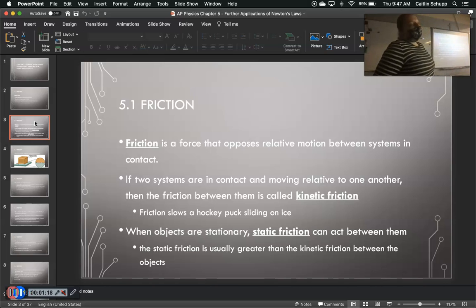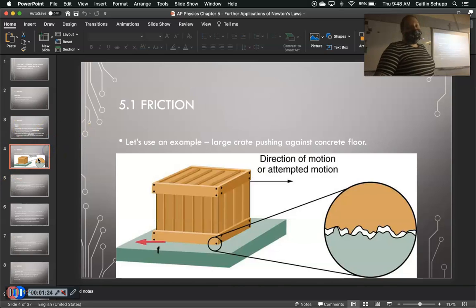So kinetic friction is, of course, going to be the friction between two objects that are sliding against each other. And one of the things that we're going to talk about is how these two types of friction come about and what they actually mean. Okay, so if we zoom in as close as we possibly can on a surface, we're going to see that the two objects that are in contact, no matter how smooth they are, still going to have what we call these jagged interactions.